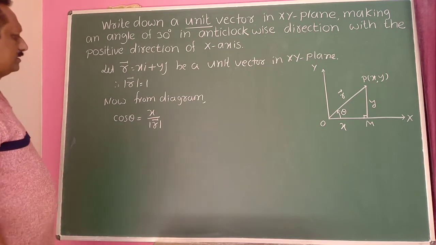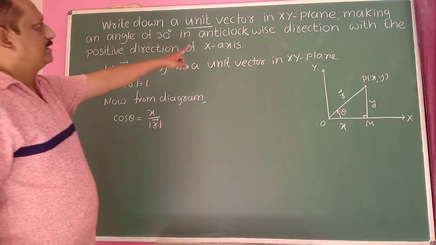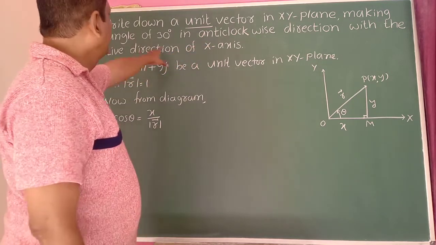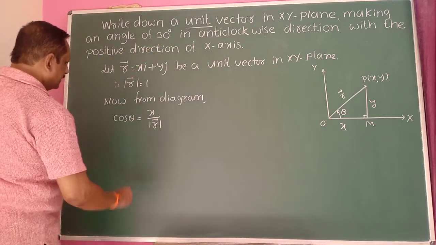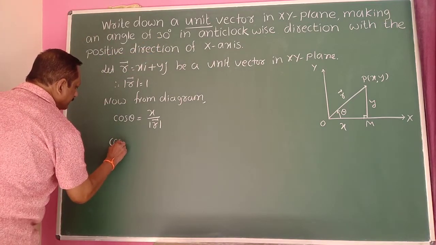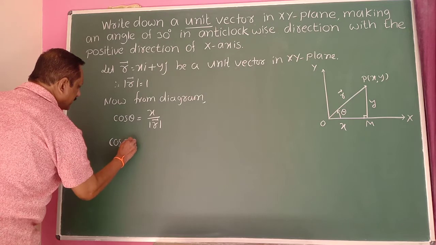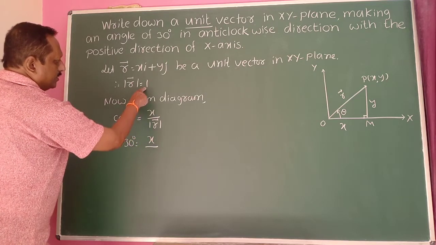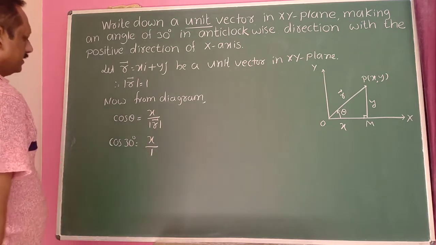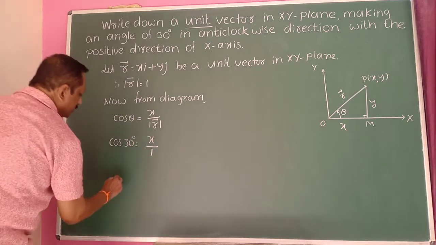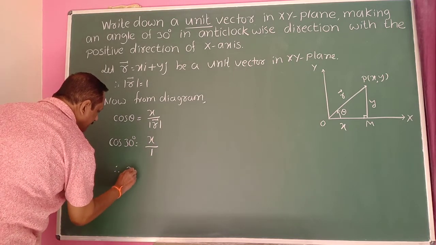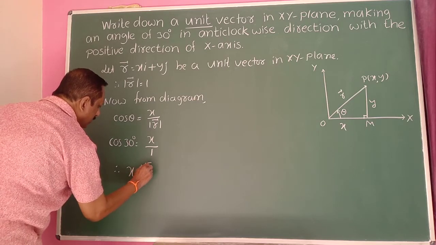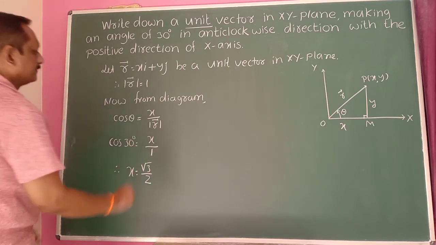They already gave theta is equal to 30 degrees. So cos 30 degrees is equal to x divided by modulus of r bar, which is 1. Cos 30 degree value is root 3 by 2. Therefore, x is equal to root 3 divided by 2.